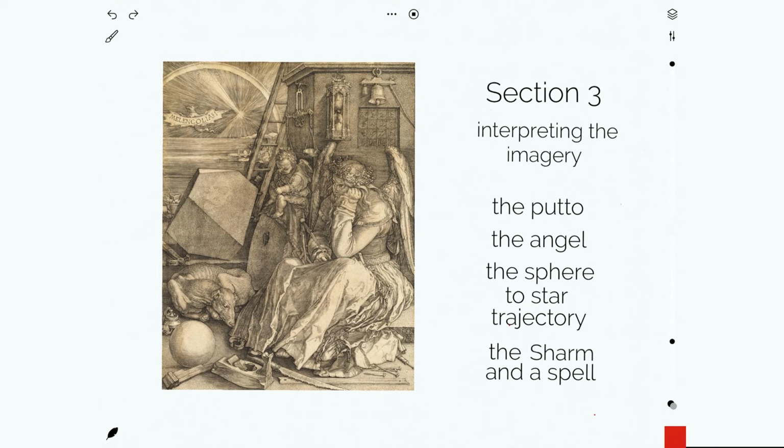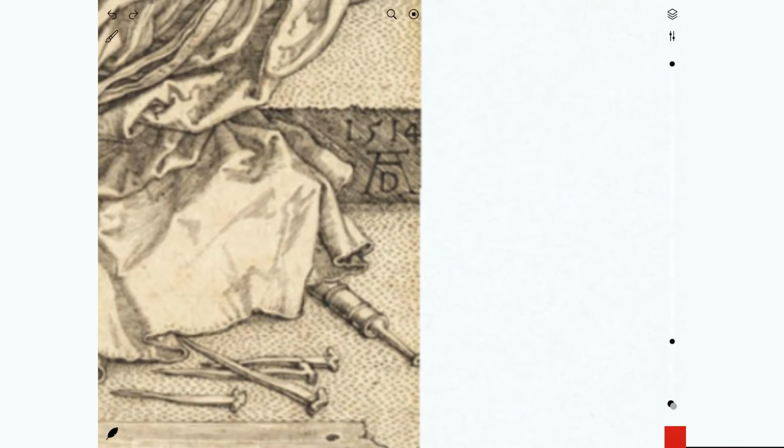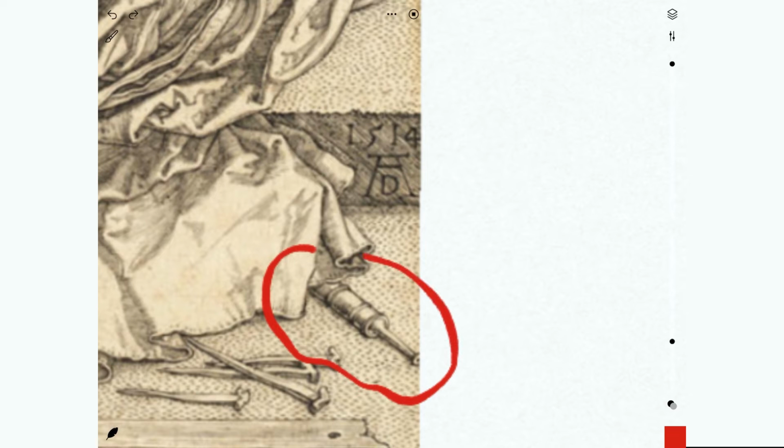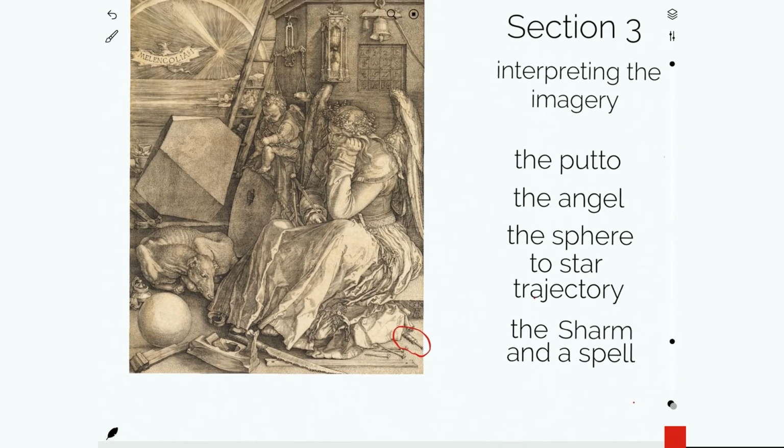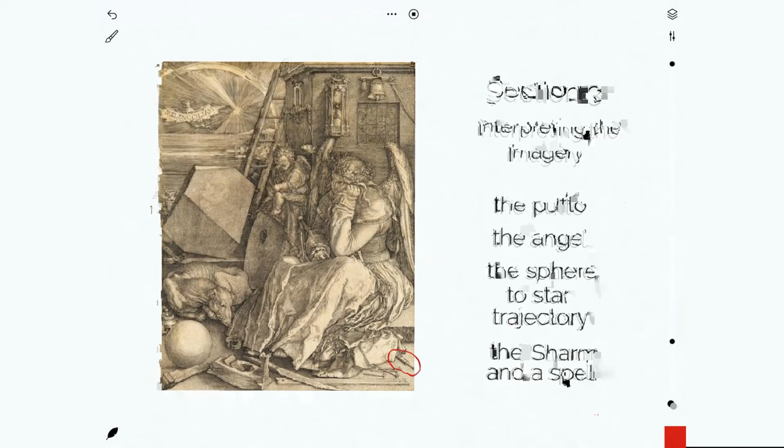And then finally we'll talk about the charm and the spell. So if we go down to the bottom right corner, we see this object here. I think initially I thought this was a telescope, but we're really about 50 years too early for that.